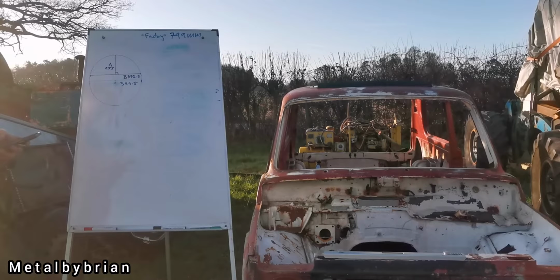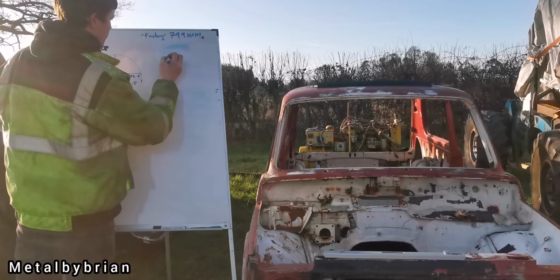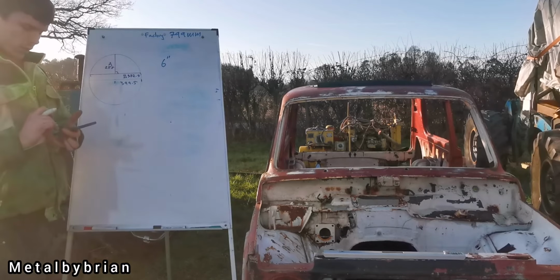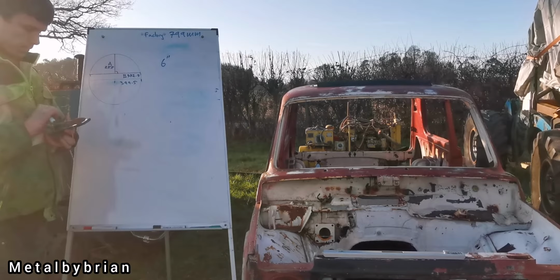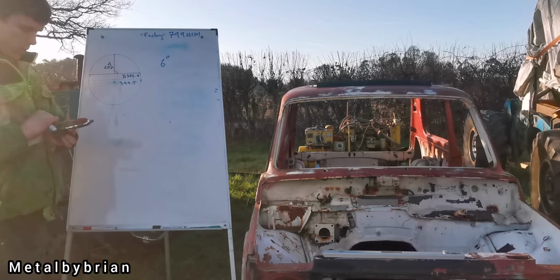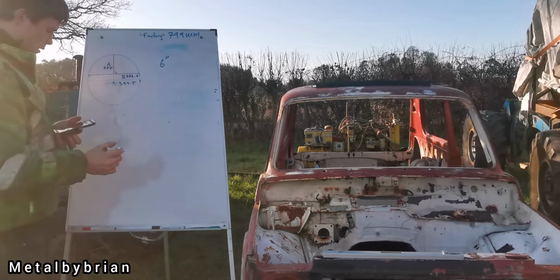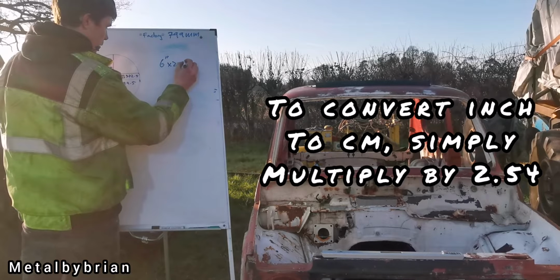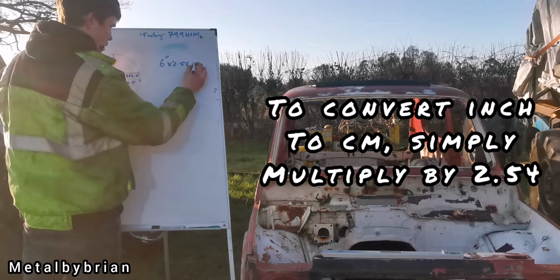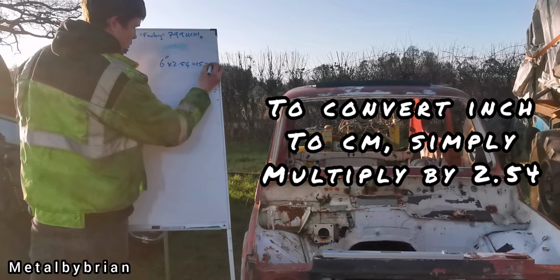we take, so we're putting 6 inch bigger tyres on. So if we convert that to metric millimeters, 6 times 2.54, 6 times 2.54 equals 15.24.